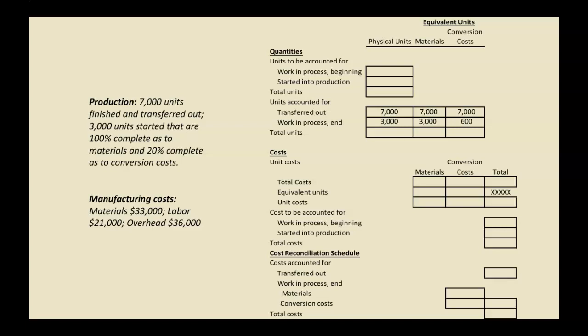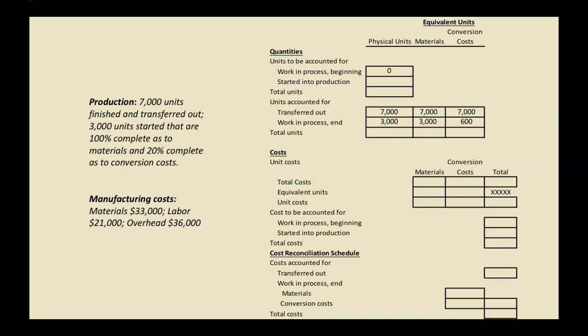Now, if we take a look at the section right above this where it says units to be accounted for, and we have our work in process for the beginning of the month, we're going to toss a 0 in there. And the reason why we throw a 0 in there is because we're told that this is the first month of operation for this department.